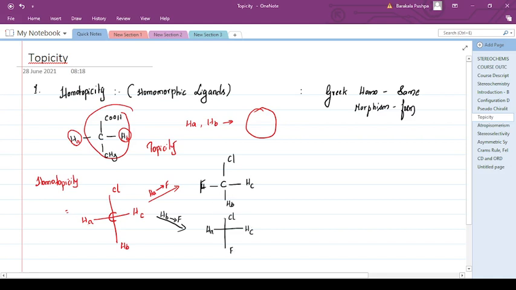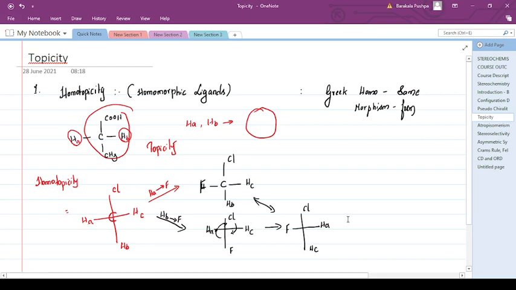Now the position is different. The position of the fluoride with respect to the above molecule is different. But you can interchange these groups. In stereochemistry I explained that by interchanging groups around a central carbon atom twice, we get the same configuration. So here you have fluoride, here HA comes, here HC comes. Can you see these two are identical?